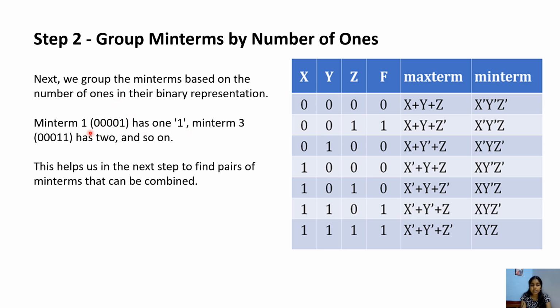Minterm 3 is 0 0 0 1 1, it has two ones, and so on. Like this you have to group the number of ones in the truth table. This helps us in finding the pairs of minterms that can be combined.